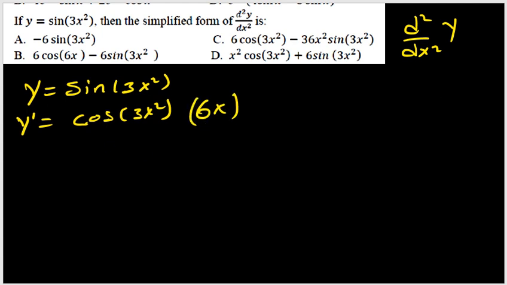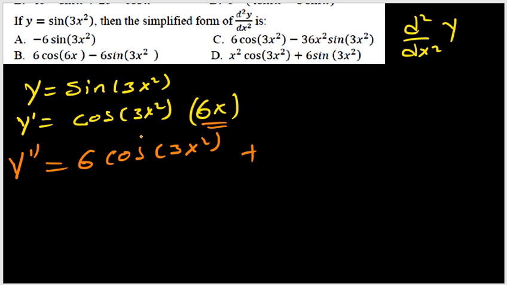Done. When you go to the second derivative, we apply the product rule here. The 6x derivative will be 6 times cosine of 3x squared as it is, plus again the cosine derivative is negative sine of 3x squared times 6x.